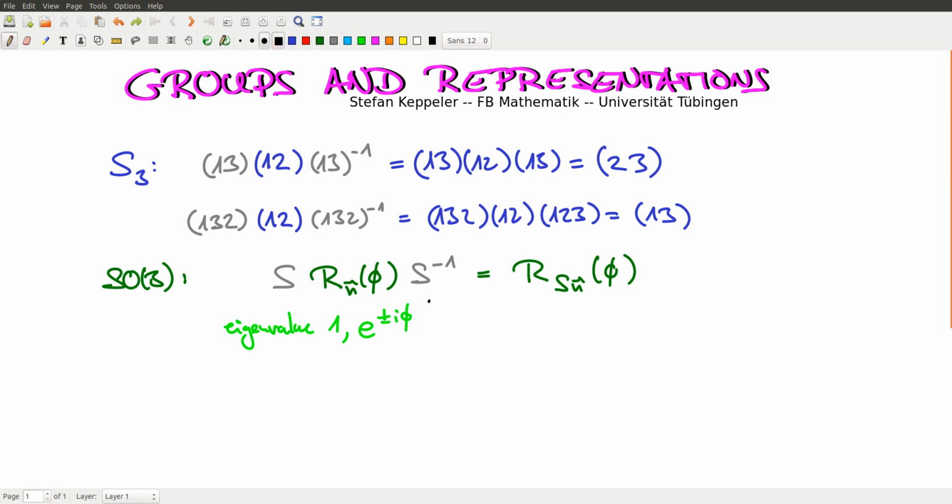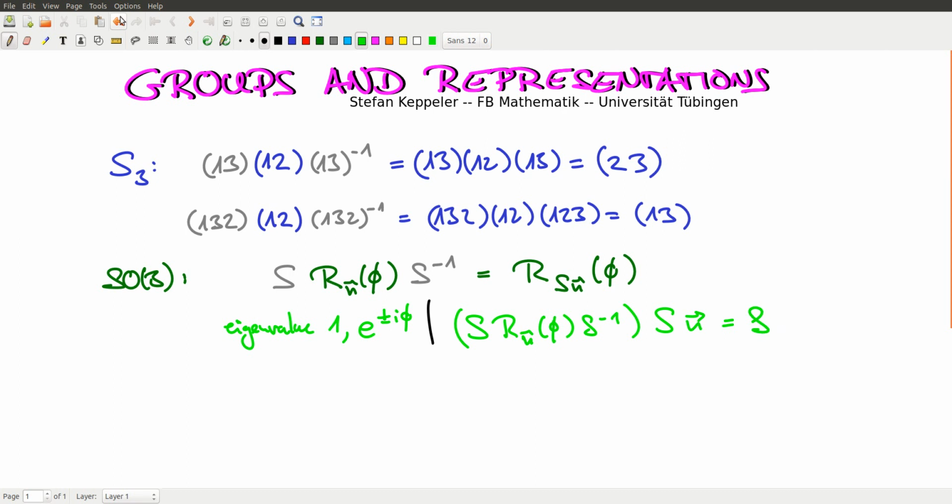I claim that this axis here is just Sn. Well, let's try. What happens if we take S R_n(phi) S inverse and multiply with S times n? So the S and S inverse cancel.